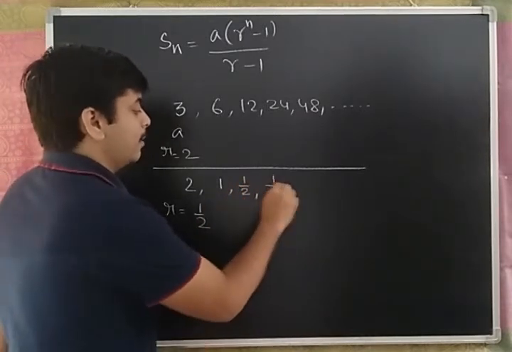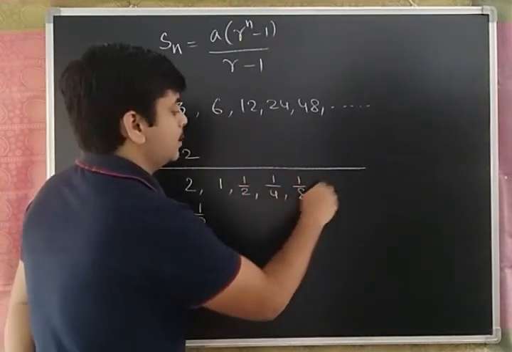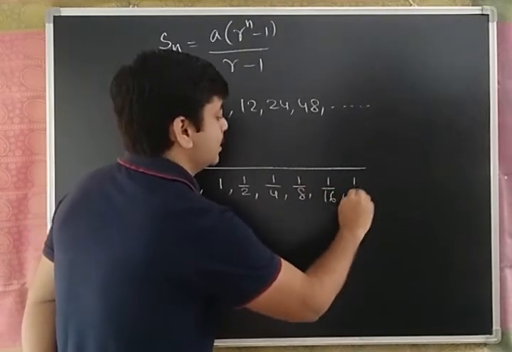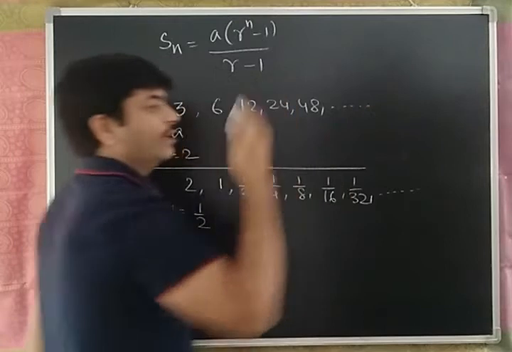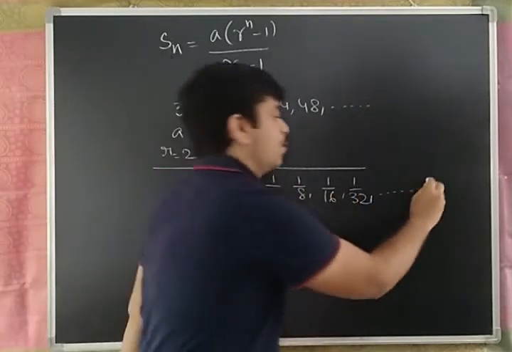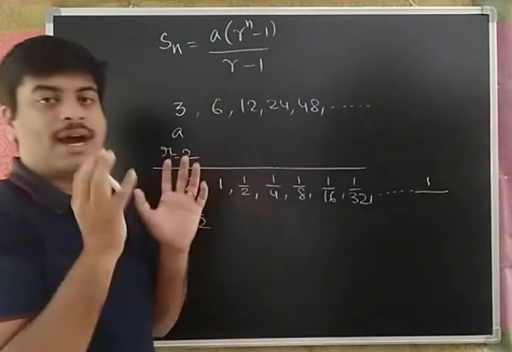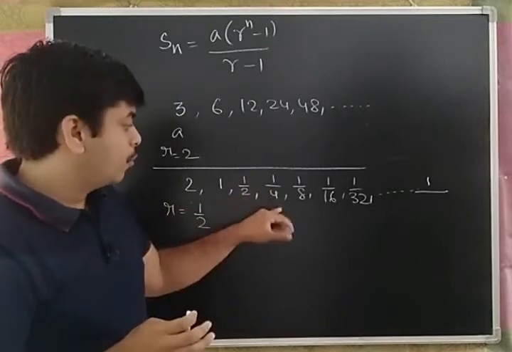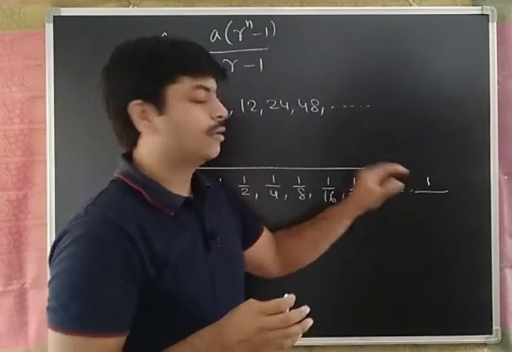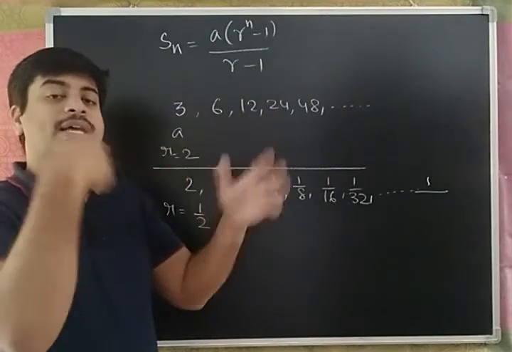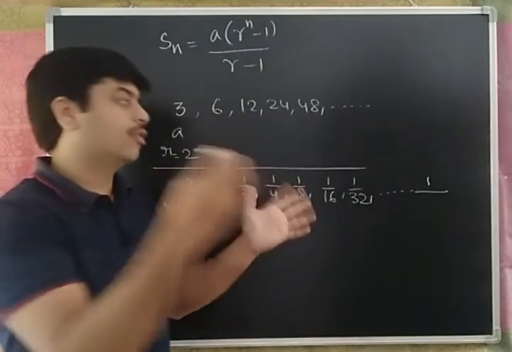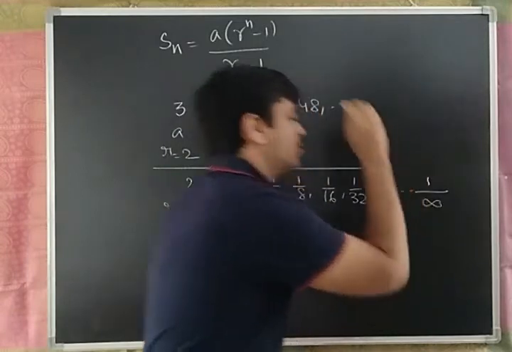The next element 1 by 4, next 1 by 8, 1 by 16, 1 by 32, and so on, till if you are going to infinity, 1 by a very large number. 1 by 4, 8, 16, 32, 64, and so on, 1024, 2048, 4096, and again still going on, you will get a very large number, infinity.